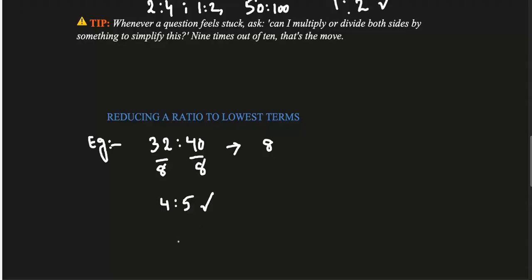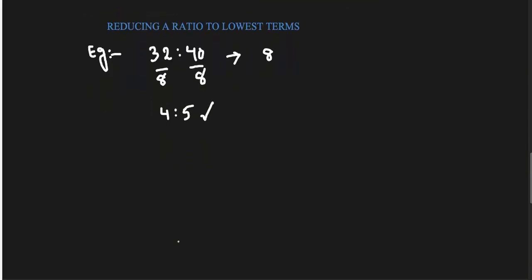Got it? That is simple when both terms are already whole numbers in the same unit, but most exam questions give you mixed units and that's the real skill. If the units are not the same, you have to convert into the same unit, then compare them. So let's solve one problem here.